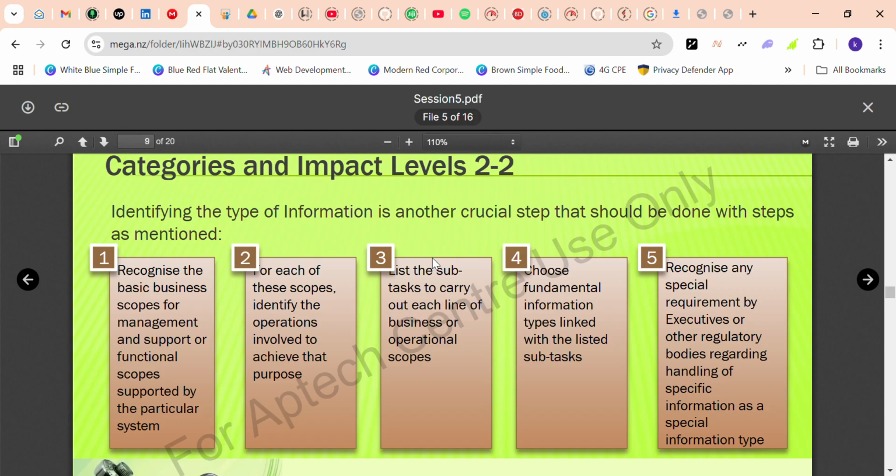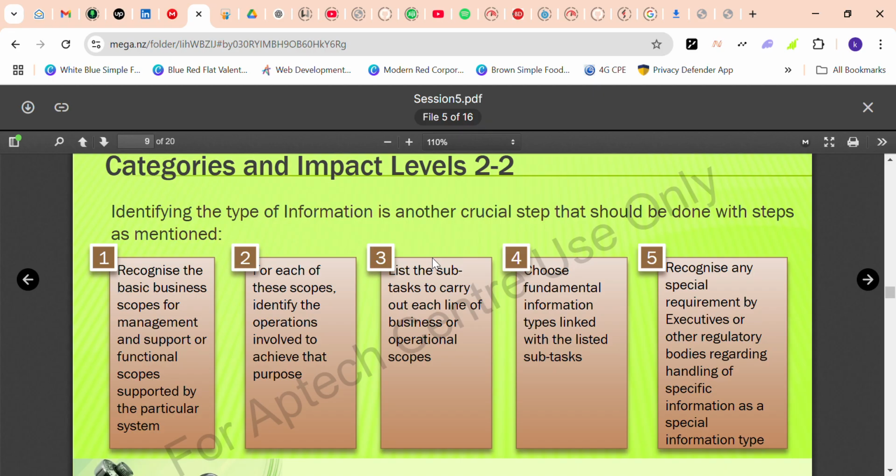For you to recognize the business, you need to know the business operations, segment by segment, how each department runs, how they use the information, the assets they protect, and the customer information. You have to recognize that also.